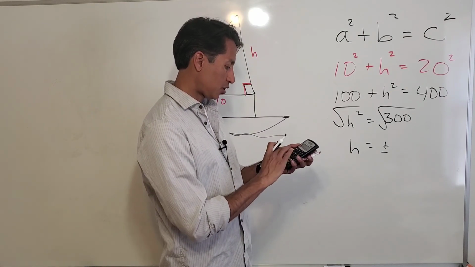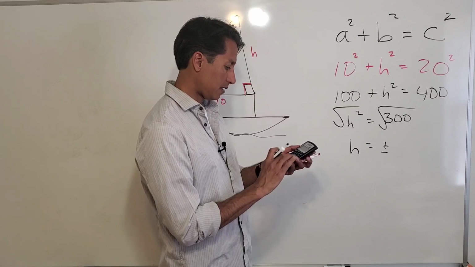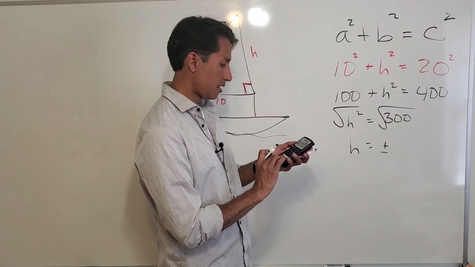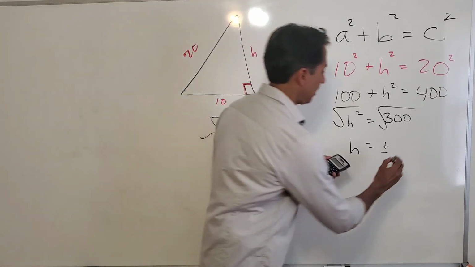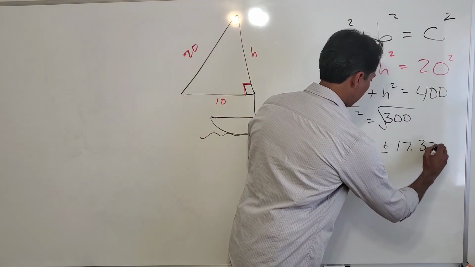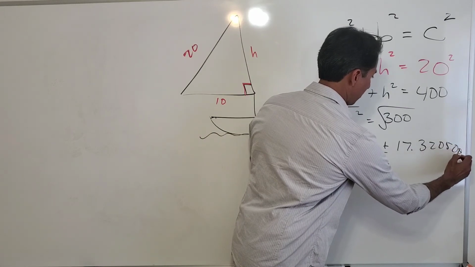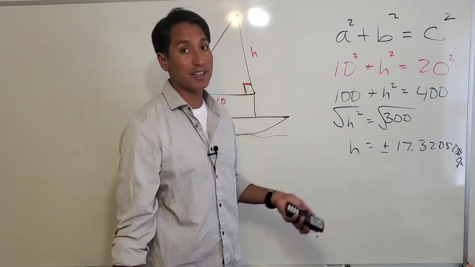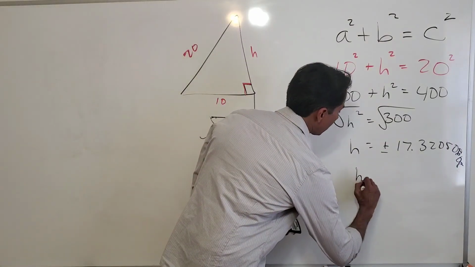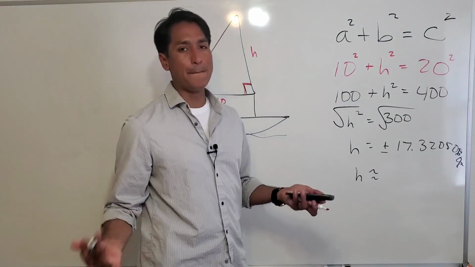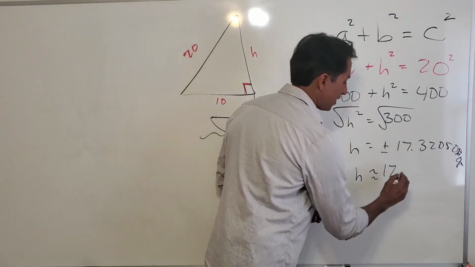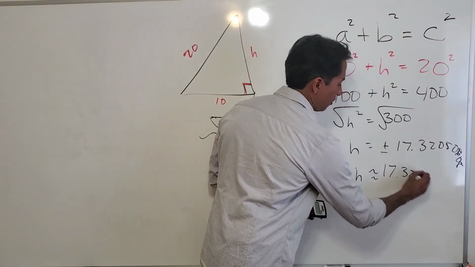So I need the square root of 300, which is 17.3205. I don't need all that extra stuff. It says round to the nearest hundredth anyway, so I can just say h is about 17. Or if you wanted to, because the book said to the nearest hundredth, you can do that as well.